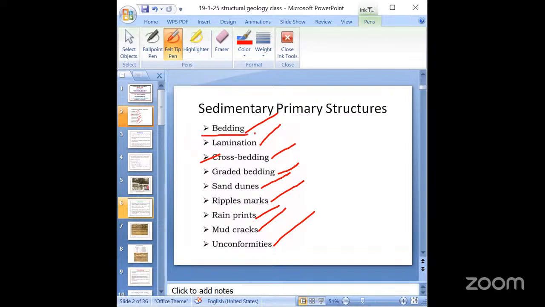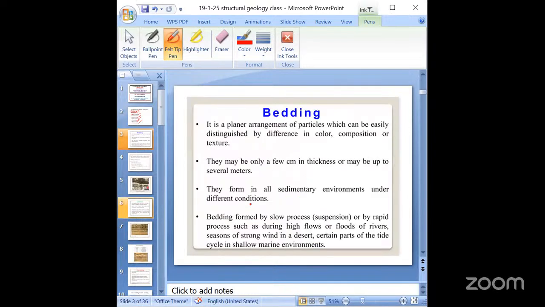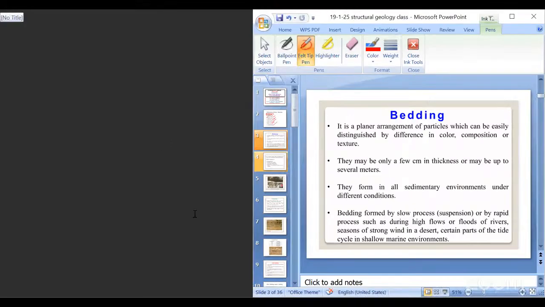First one is bedding. So what are bedding and stratification? We have read that clastic sedimentary rocks formed as a result of deposition of insoluble, mechanically transported material in the form of bedded deposits, sheets and layers of various sizes, right?